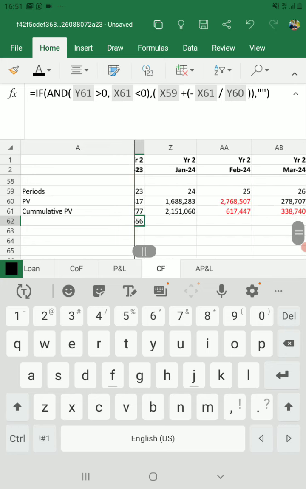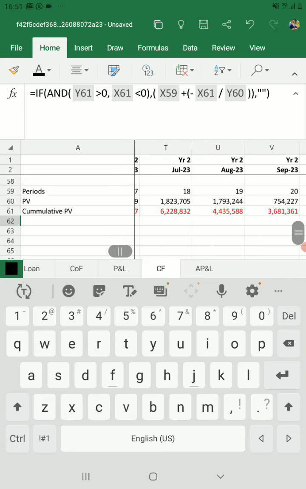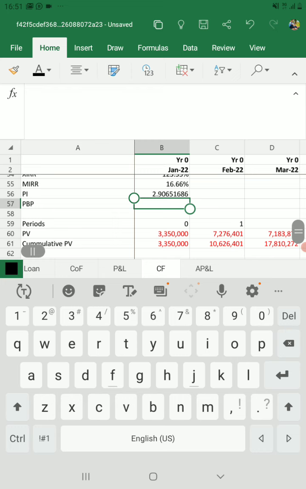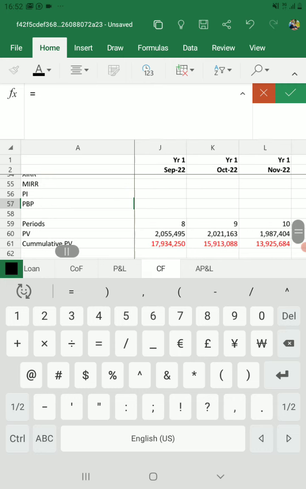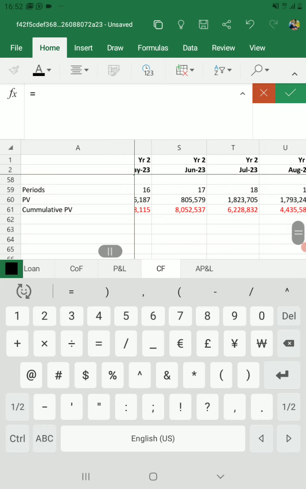So our payback period now is to be put here. Here there was a formula to sum, but because we have many payback period computations, we simply put an equal sign and then pick the first computed one as our payback period manually.